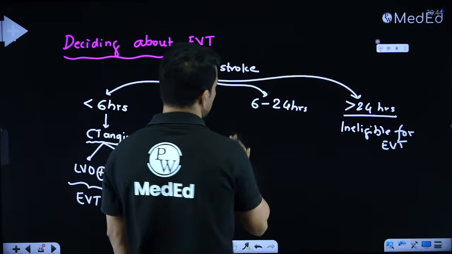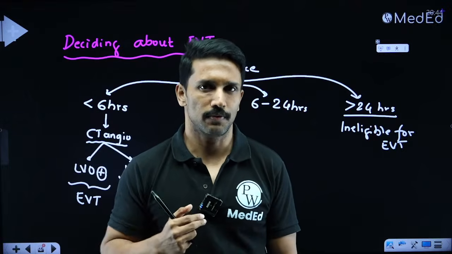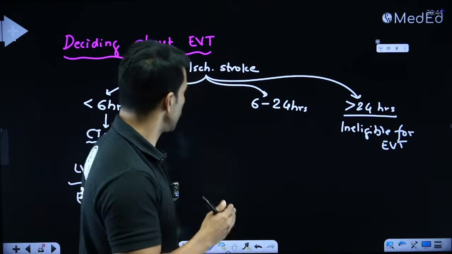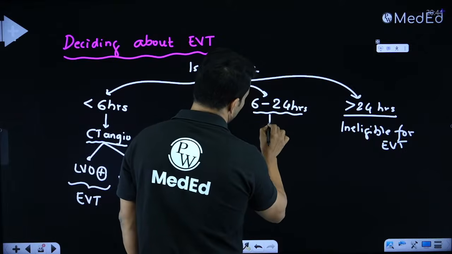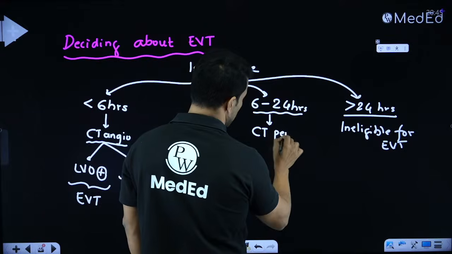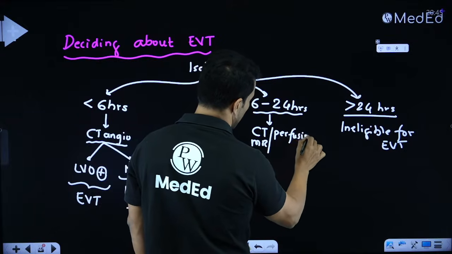But for 6 to 24 hours, I need to prove that there is a penumbra which can be saved. If there is no penumbra, then there's no point in doing EVT, right? So that's why after 6 to 24 hours, we have to go for CT or MR perfusion imaging to prove the presence of penumbra.